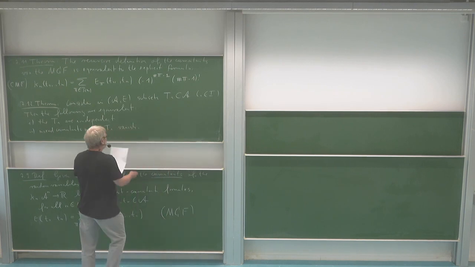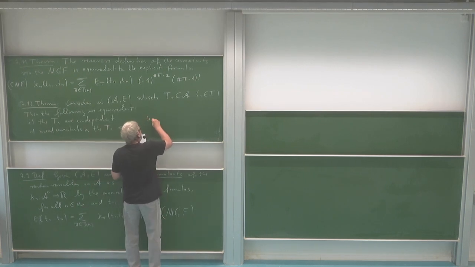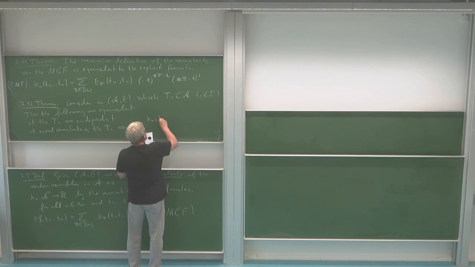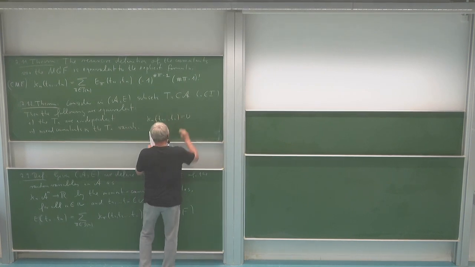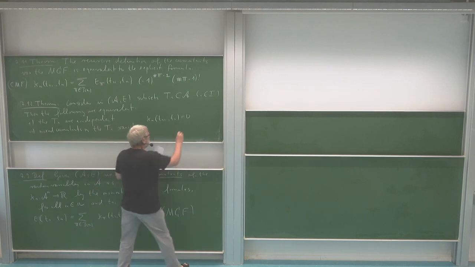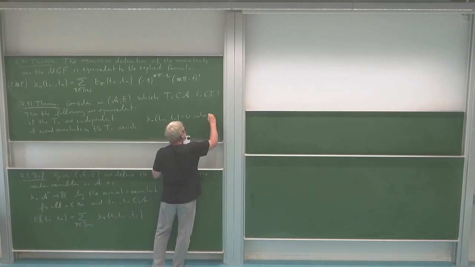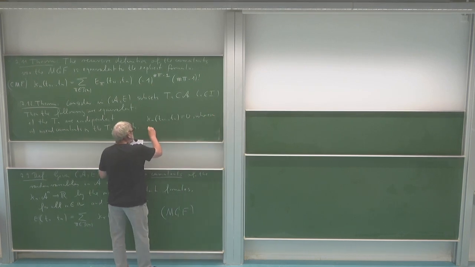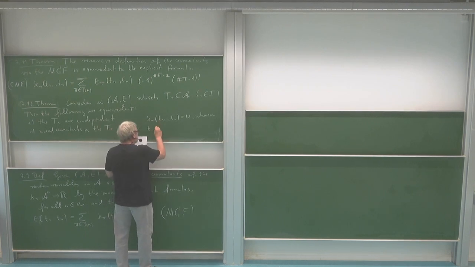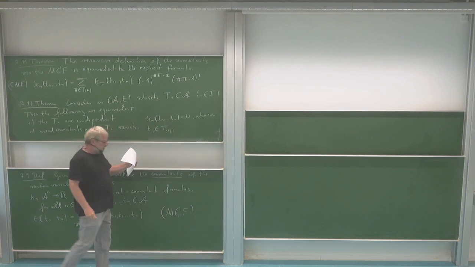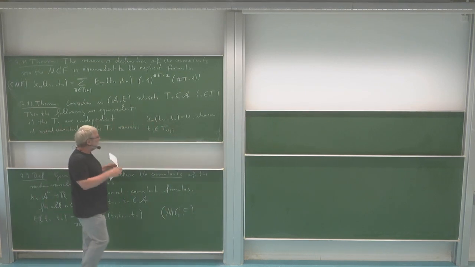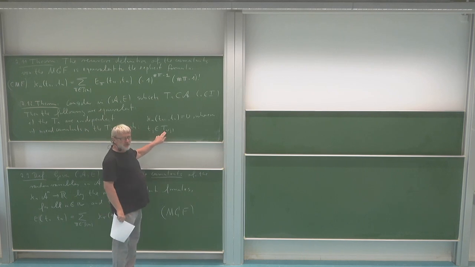So this means that kappa n of t1 up to tn is equal to 0 whenever each of the arguments comes from one of the sets which I consider, say from the set T_{j_i}, but it should also happen that at least 2 different sets are showing up.